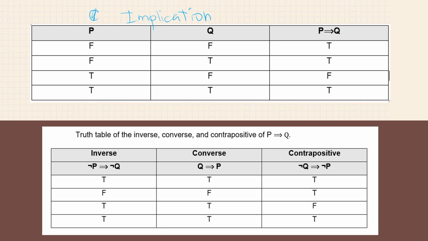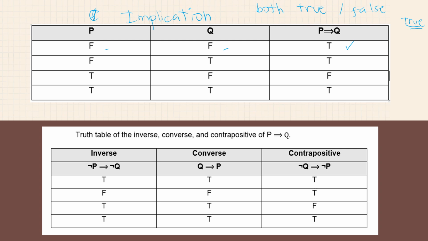If the P proposition is false and the Q proposition is false, the implication if P then Q will be true. Kasi yung definition earlier, kapag implication, pwedeng both true or both false, the implication will be true.